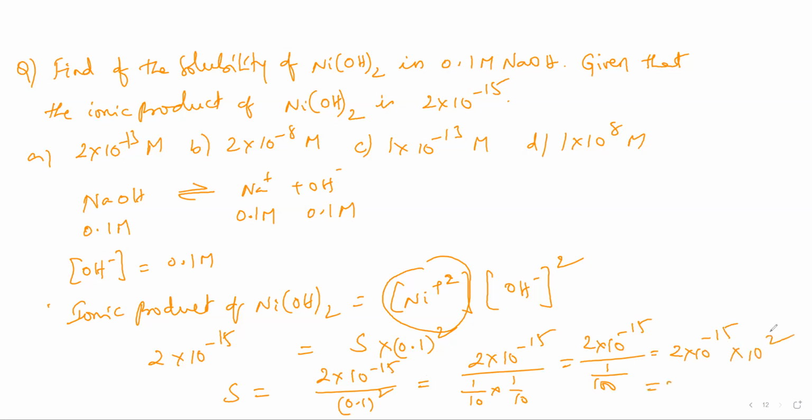So 2 into 10 power minus 15 plus 2, that is 10 power minus 13. So 2 into 10 power minus 13. So the first option itself is the answer. Done. This is how you should solve questions based on solubility.